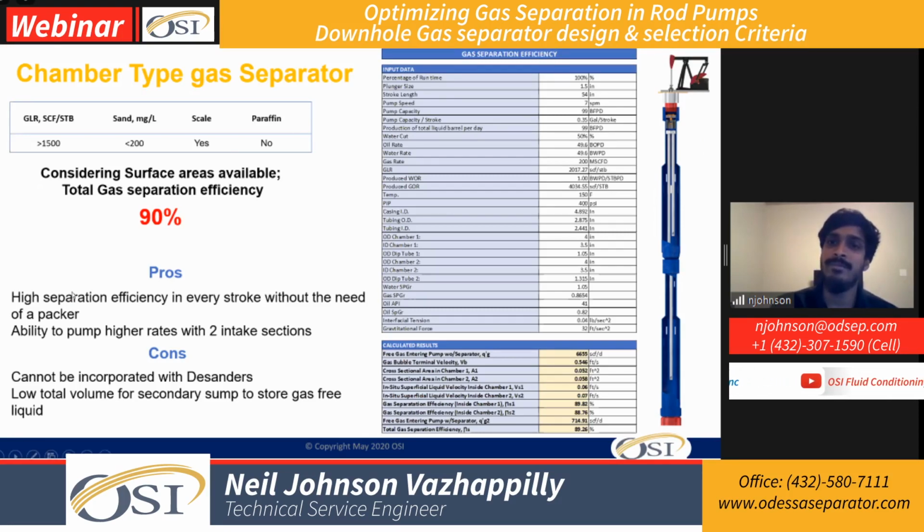Again, like all gas separators, this one has its downsides. Right now, with this design, we cannot incorporate either a screen or a desander, but that will be in our next set of design improvements for this chamber type gas separator.